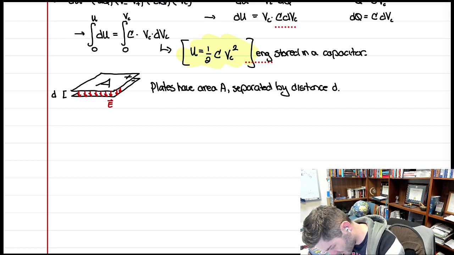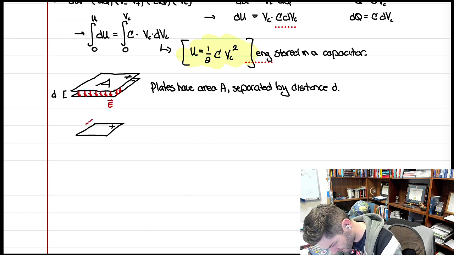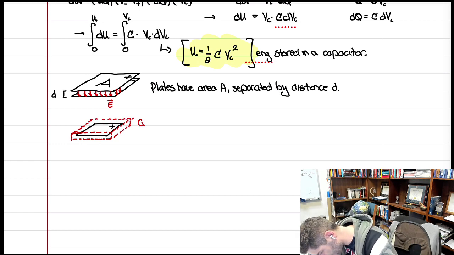So let's do Gauss's law on the top plate. So you have the top plate, and we're going to do a Gaussian surface that encloses only the top plate. So this is a Gaussian surface that's going to enclose the top plate.